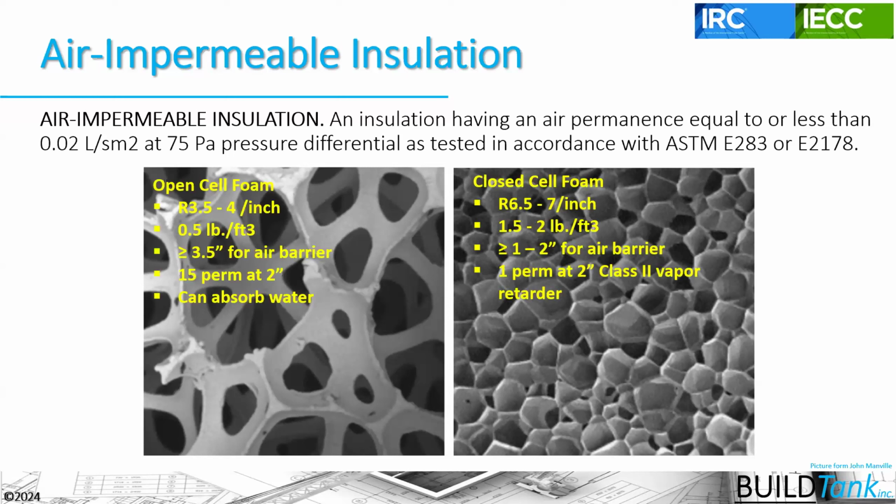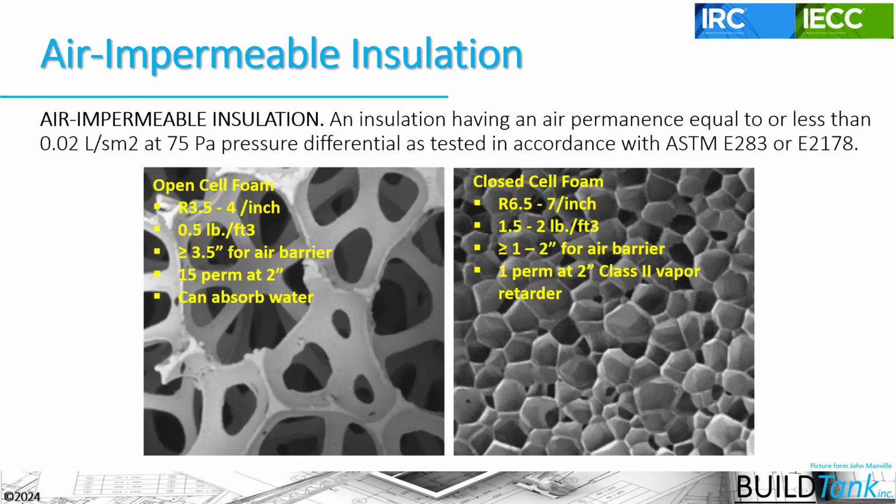So open cell foam is soft to the touch, and a closed cell foam is hard to the touch. It also is not as good an air barrier as a closed cell foam because the structure of the cells inside the foam aren't the same, and you need to have more quantity, more depth of the material to be classified as a true air barrier as well.